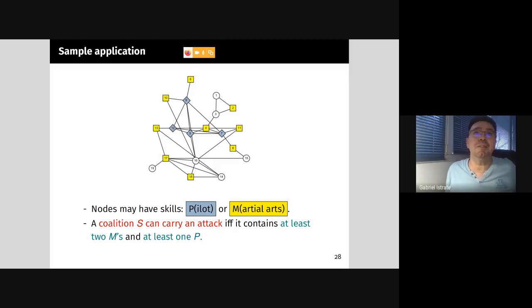So in a certain sense, 16 is even better connected because its neighbors could start an attack, whereas the neighbors of 5 couldn't. 5 doesn't have enough neighbors among people that know martial arts. But the intuition is okay because this is what we're going to see.